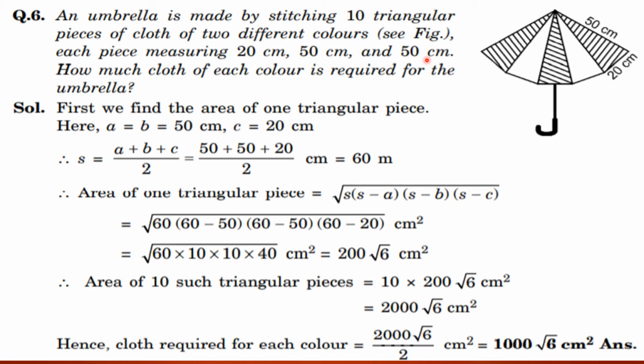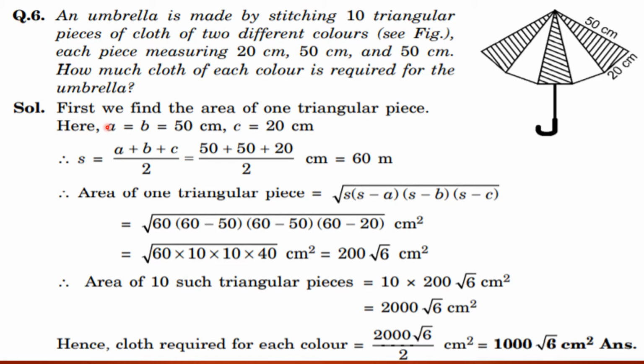The measurements of the triangle are given: 50 centimeters, 50 centimeters and 20 centimeters. How much cloth of each color is required for the umbrella? Then we have to find the area of the cloth. Understood this question, my children?